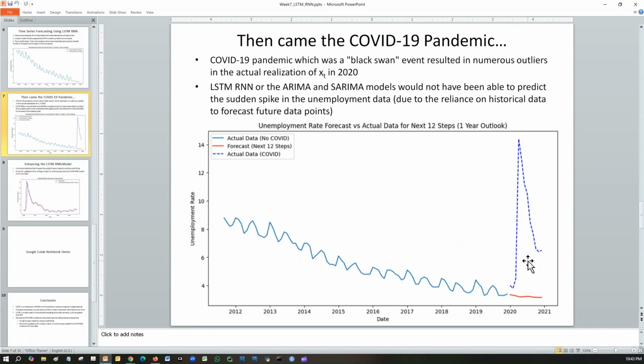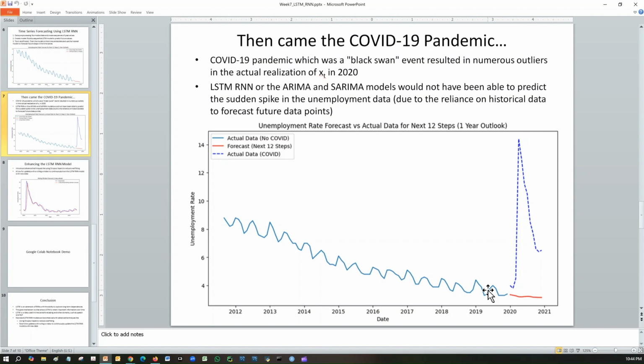The reason why I wanted to present this graph is my opinion that whether it is a deep learning approach using LSTM or RNN, or a more traditional statistical technique like ARIMA or SARIMA, as in seasonal ARIMA, it will be difficult to forecast and predict a black swan event such as COVID, as we see in this chart.